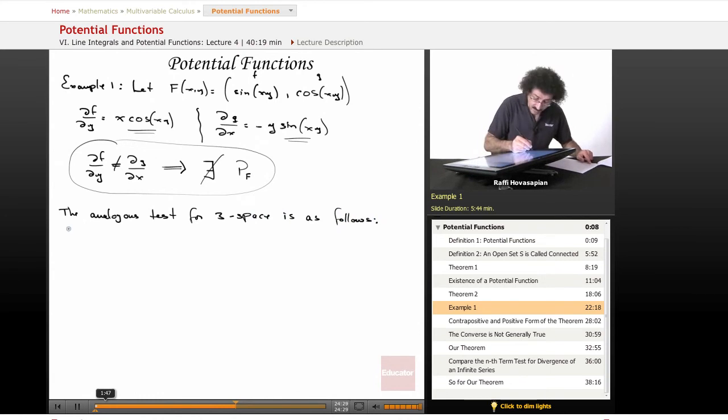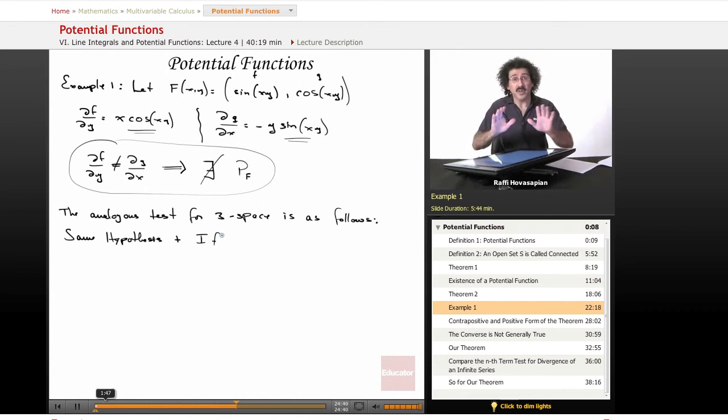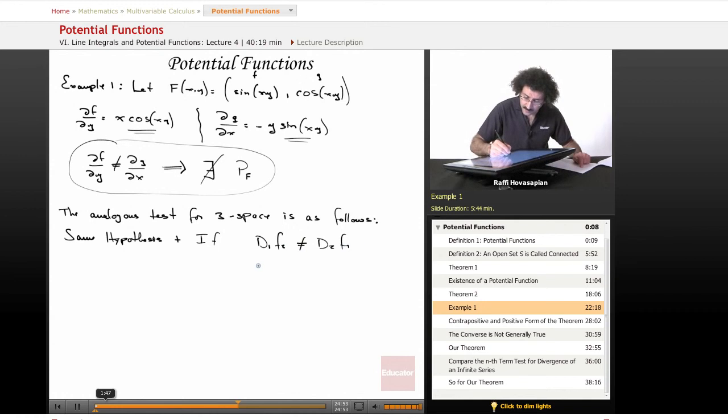Okay, the same hypotheses, of course, and the partial derivative part of the test is, I'm going to write this in terms of capital D notation. d1 of f2 does not equal d2 f1. d1 f3 does not equal d3 f1.